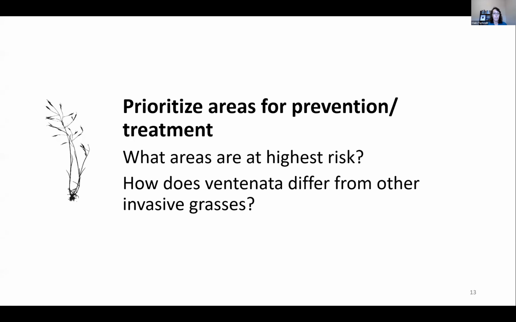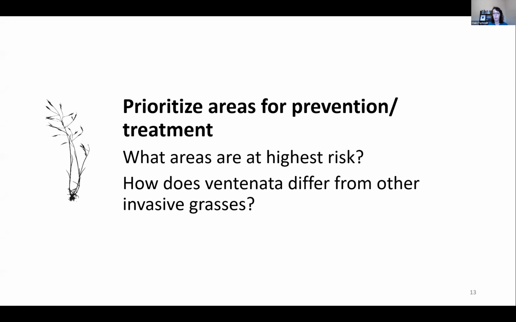So it leads us to our first questions, about how we can manage this species. It's rapidly expanding, and we don't really know anything about it because it's rare in its native range. So in order to prioritize areas for prevention, for monitoring, and for treatment, we need to first know what the areas of highest risk are, and how ventenata differs from other invasive grasses.